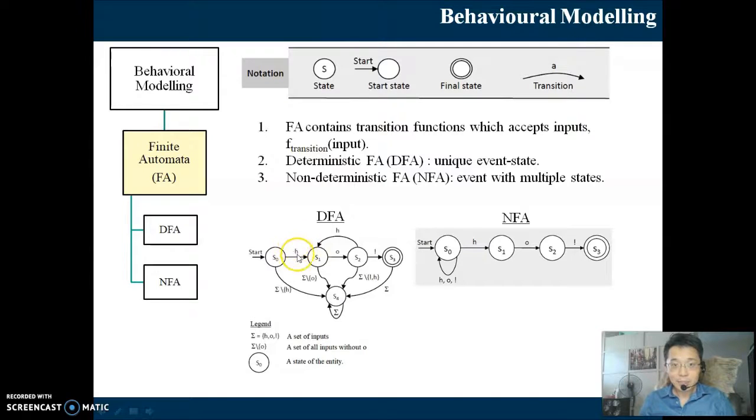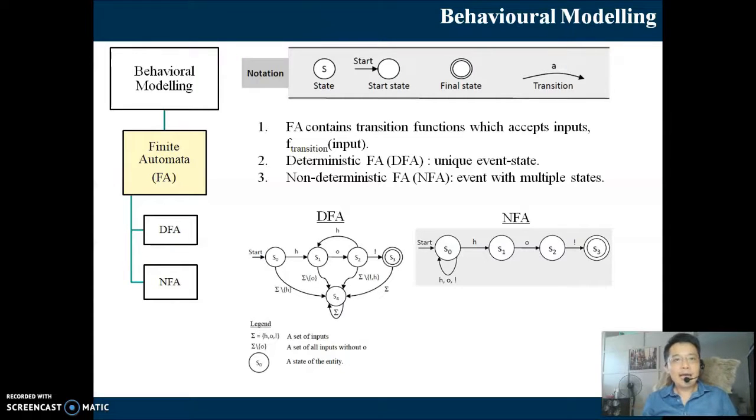So you see, H triggers uniquely for state 1. Hash state is uniquely for S1. Unique event state for deterministic, but not so for non-deterministic, whereby the hash will trigger to S1 or back to itself, S0, through the hash input event. So that's the distinct mark between DFA and NFA.